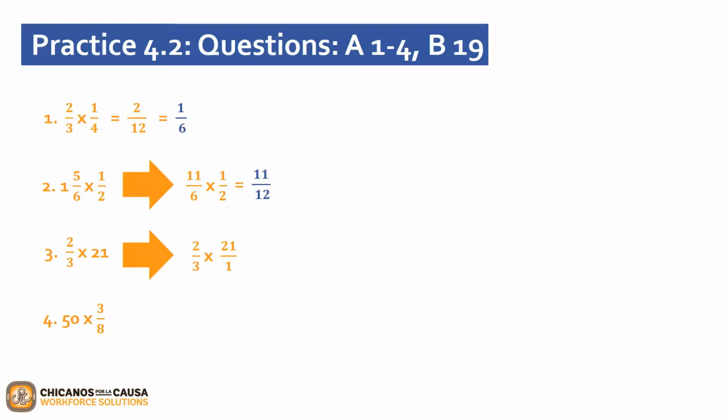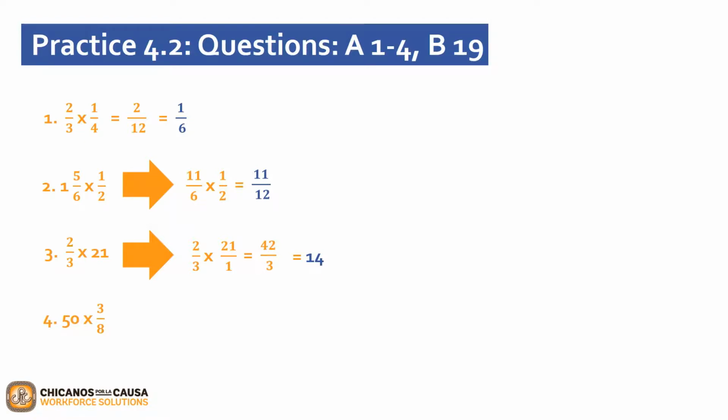Now we're going to multiply across the board. 21 times 2 is 42, and 3 times 1 is 3. This gives us a final answer of 14. It's 14 because 42 is easily divided by 3 14 times. So remember that fractions, again, are almost like division problems.